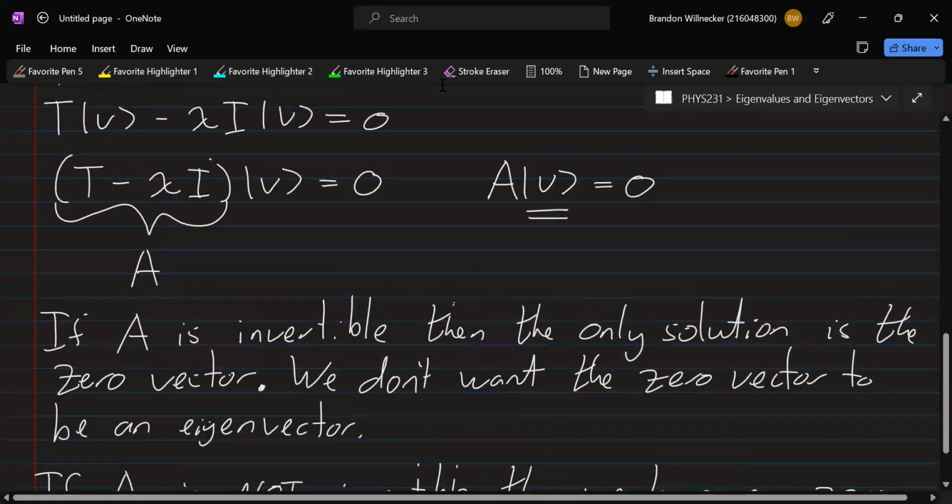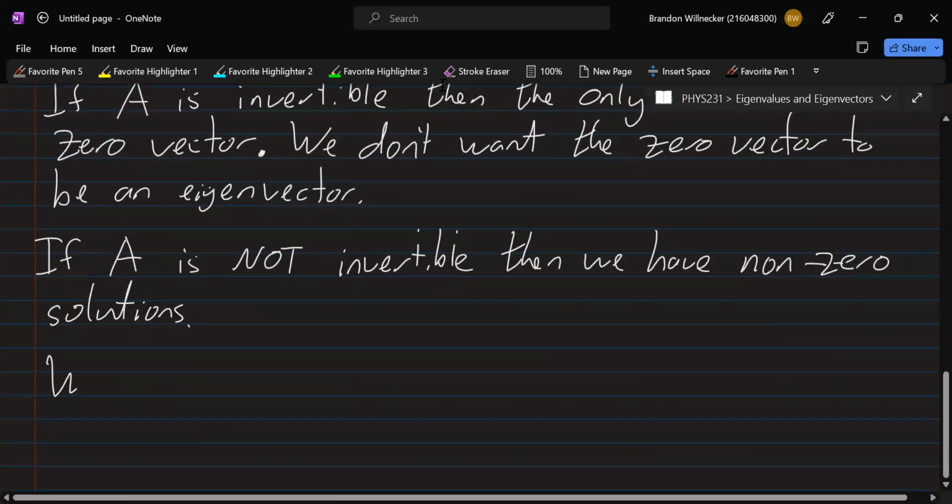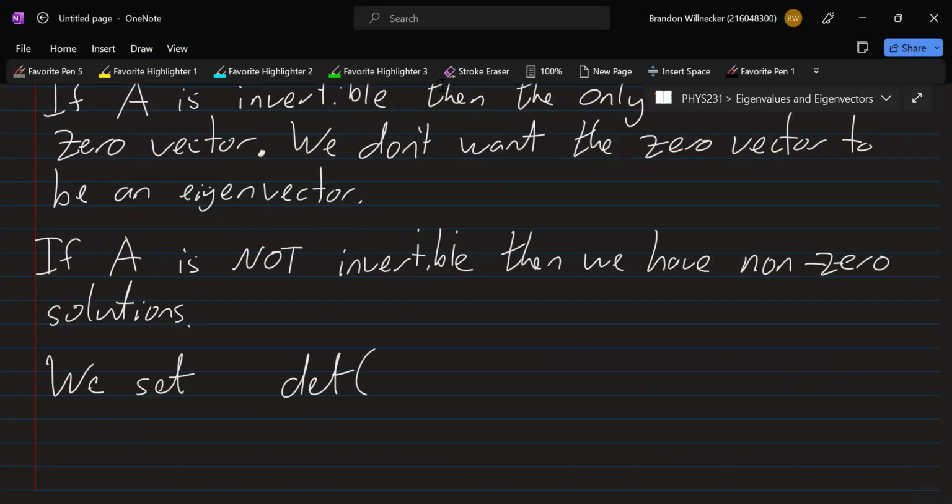Okay, so when would this A be non-invertible? Well, when the determinant is 0. So the determinant of T minus lambda I, that must be 0. So we set the determinant of T minus lambda I to be equal to 0.